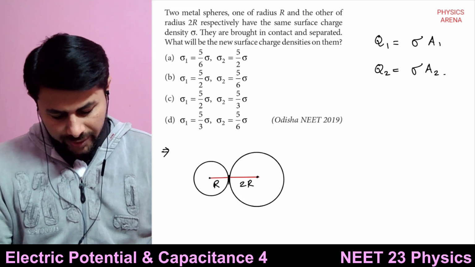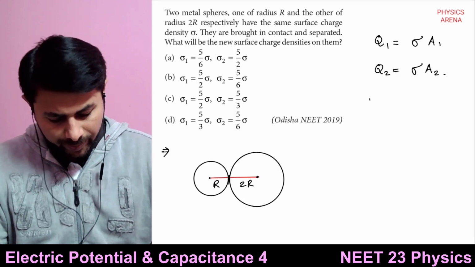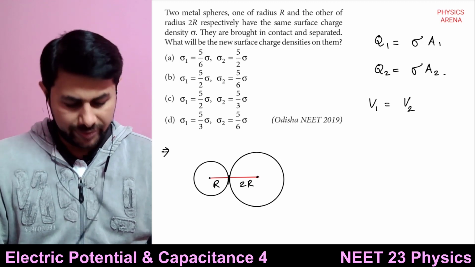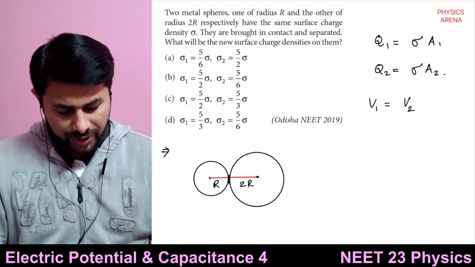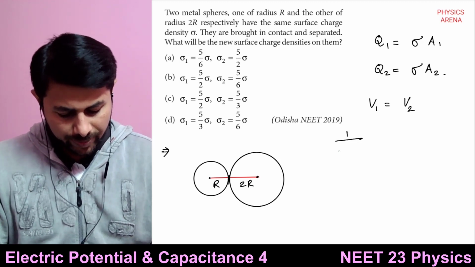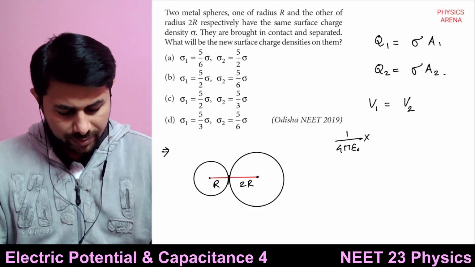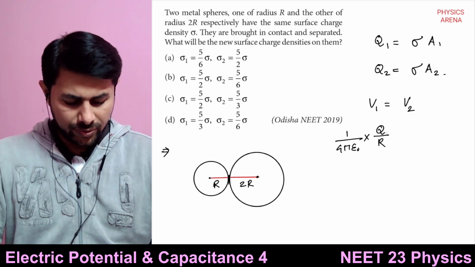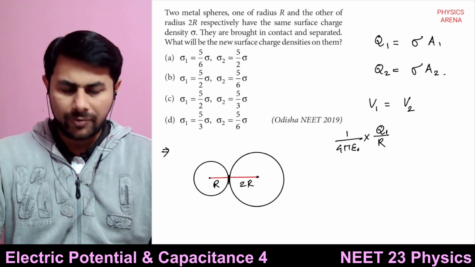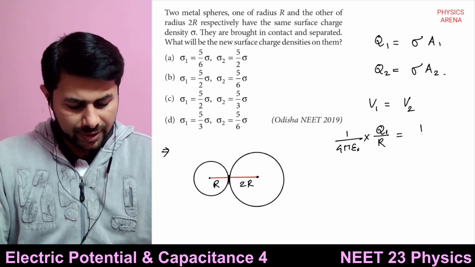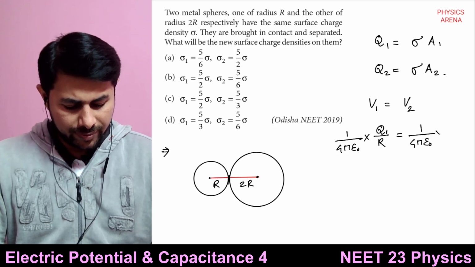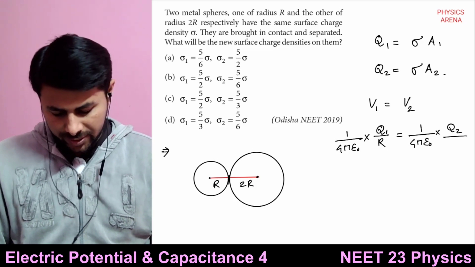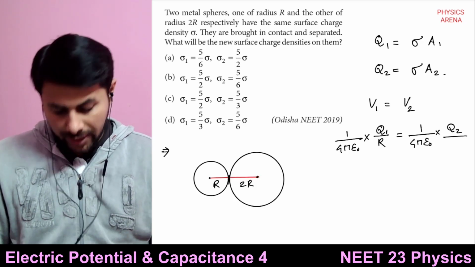Now the potential on the first one is equal to potential on the second one. So how much is potential? It is 1 upon 4 pi epsilon naught multiplied by Q by R. So it is Q1 divided by R1, and it is equal to 1 upon 4 pi epsilon naught multiplied by Q2 by R2. And how much is R2? R2 is equal to 2R.